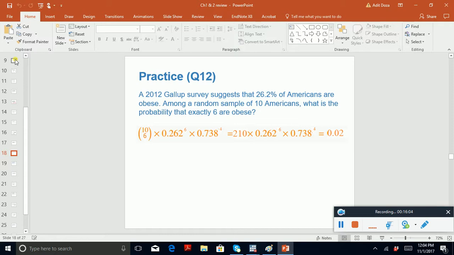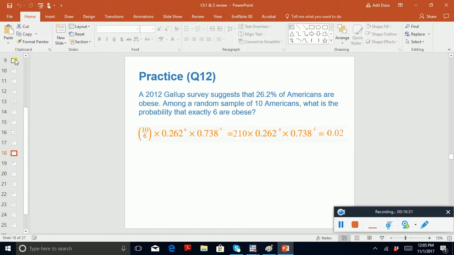Does everyone know what a factorial is? What's 10 factorial? 10 times 9 times 8 times 7 times 6 times 5, 4, 3, 2, 1. It goes all the way down to 1. What's 6 factorial? 6 times 5 and so on down to 1.